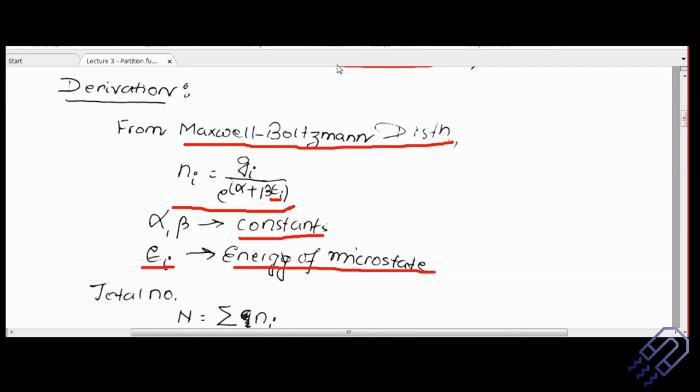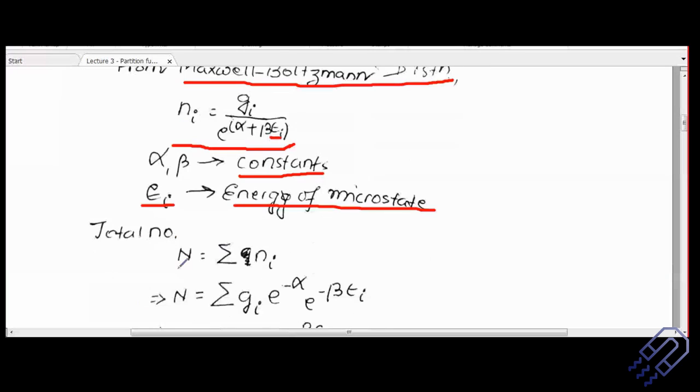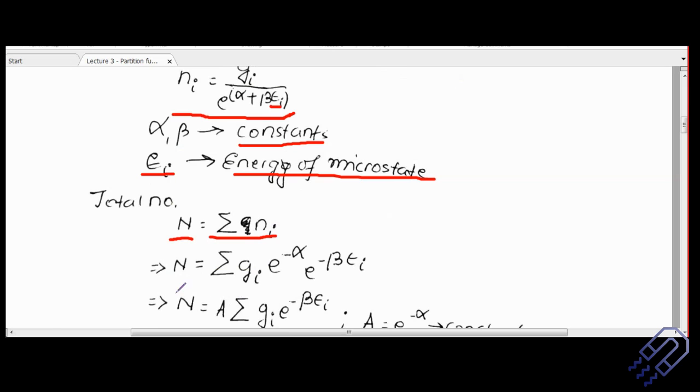When deriving, we consider a chamber within the system which has epsilon i energy. But now we are going to consider the entire set. So the total number is nothing but the summation of Ni, that is n1 plus n2 plus n3 and so on. We just added a summation sign, so it's not very complicated.